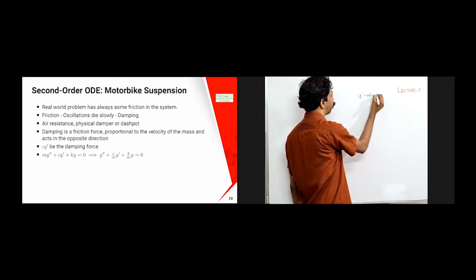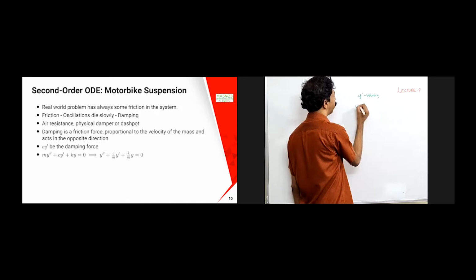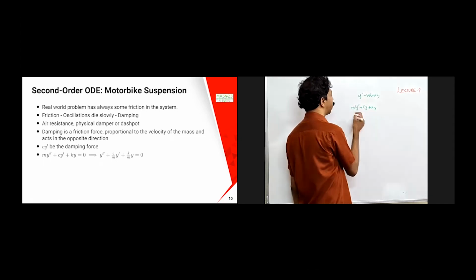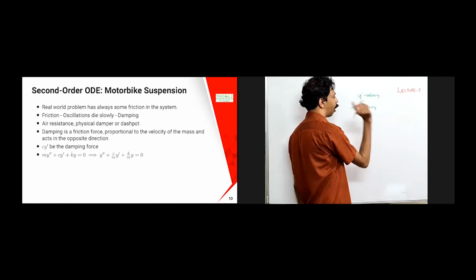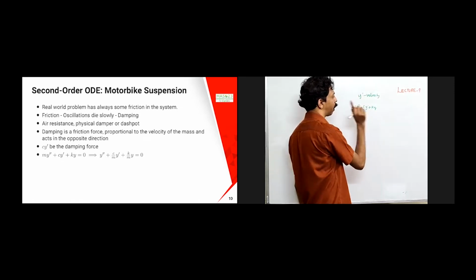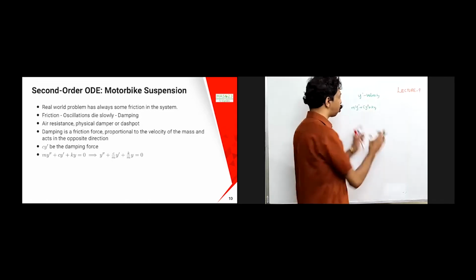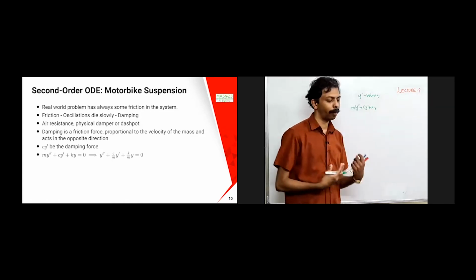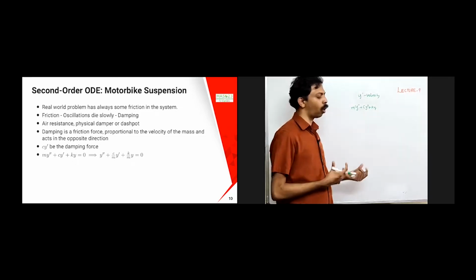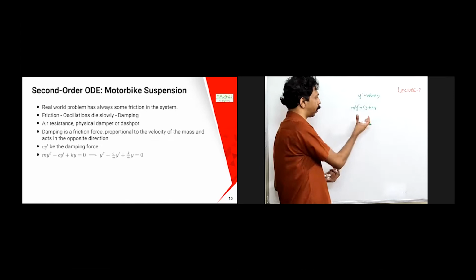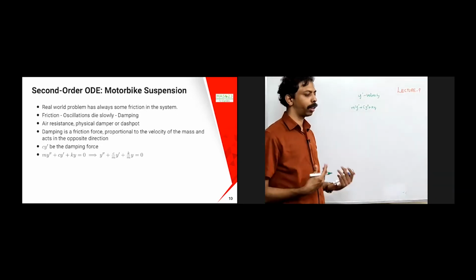So in that case, your equation is going to become y double dash plus c y dash plus k y. We already know m y double dash plus k y equals 0, which we proved for the previous case, where no friction was assumed. Now I assume friction, so the friction which I am going to introduce will balance the undamped oscillation that I had. So that is going to make some balance.